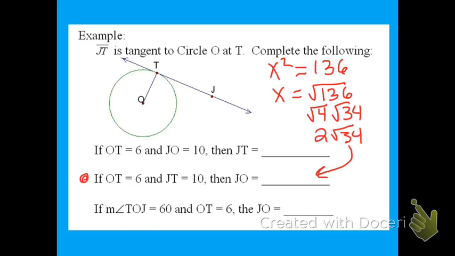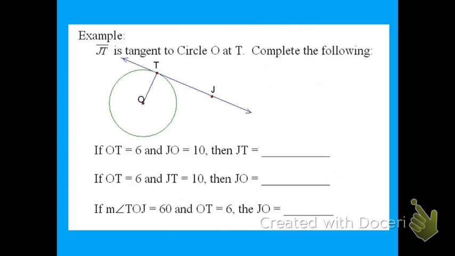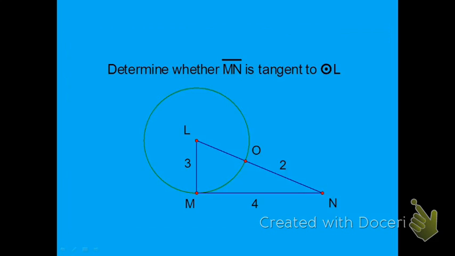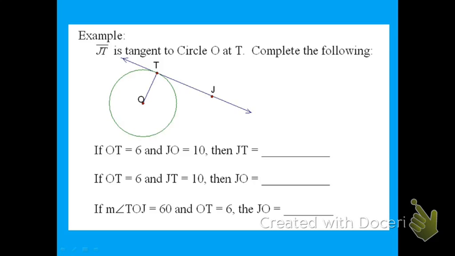And then the last question, it says if you know TOJ, so this angle right here, this angle right here is 60 degrees, and OT is 6, find JO. Well, OT is 6, and it's also the short leg in a 30, 60, 90 triangle.